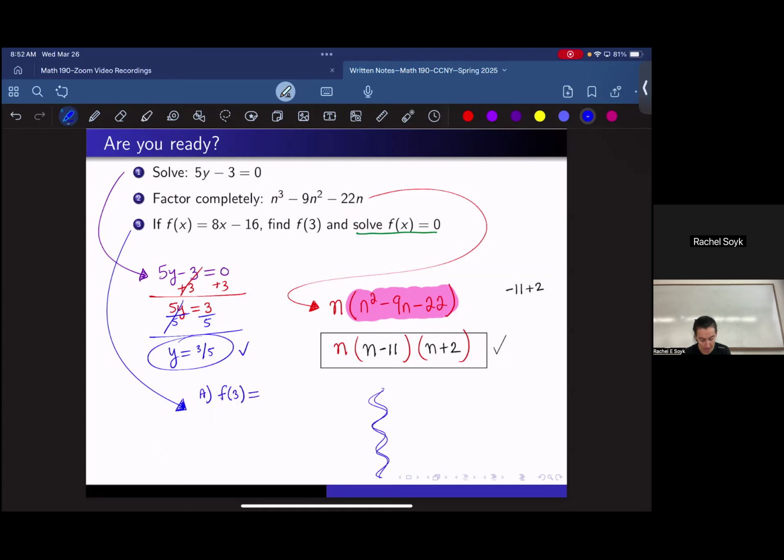So wherever you see an x, we're going to first draw in some parentheses, and then fill in those parentheses with 3. We'll use our PEMDAS to solve. 8 times 3 is 24, and 24 minus 16 gives us 8. So f of 3 is just simply 8.